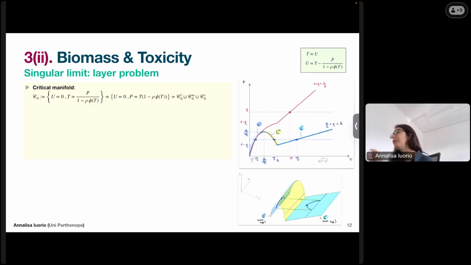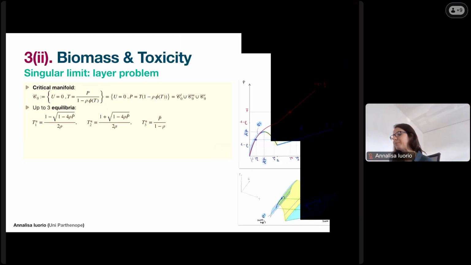So they will be really the union of these 4 pieces, 2 blue, 2 green. The blue ones will be the slow parts that evolve on the critical manifold, and the green parts will be the jumps between the left and the right part of the critical manifold that correspond to the peak going up and the peak going down in our periodic orbit.